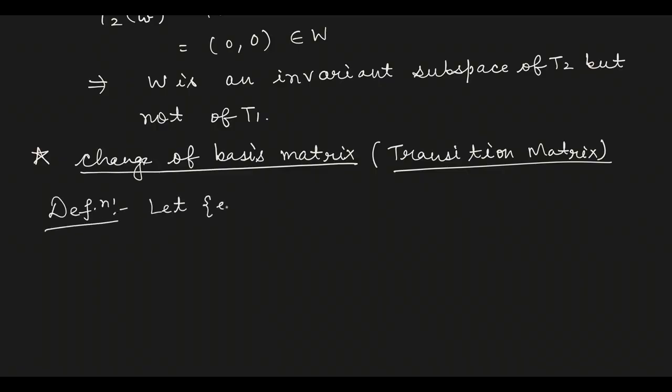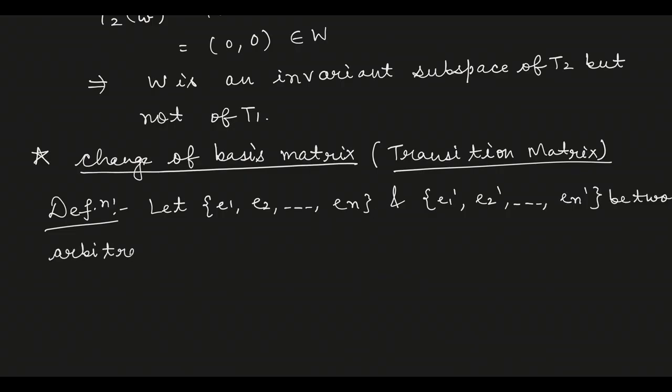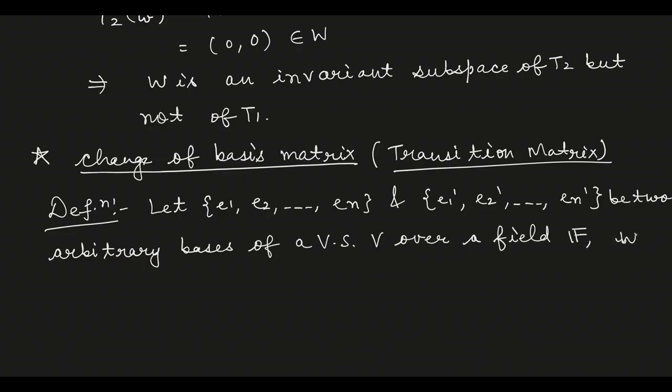Let e1, e2 and so on till en, and e1 dash, e2 dash and so on till en dash be two arbitrary bases of a vector space V over a field F. We can suppose that ei dash is equal to summation j equal to 1 to n of aij ej.